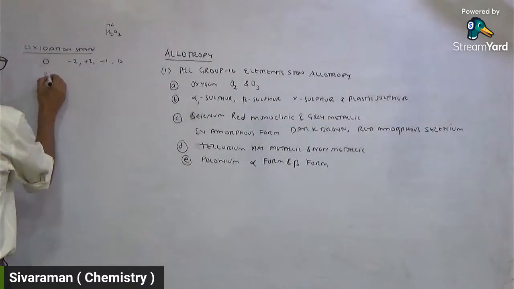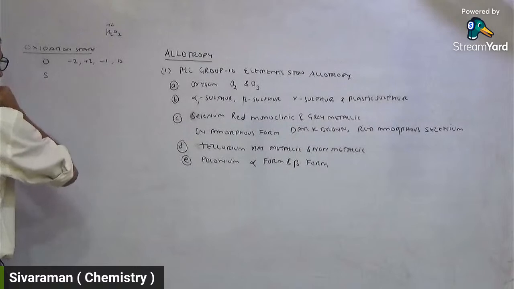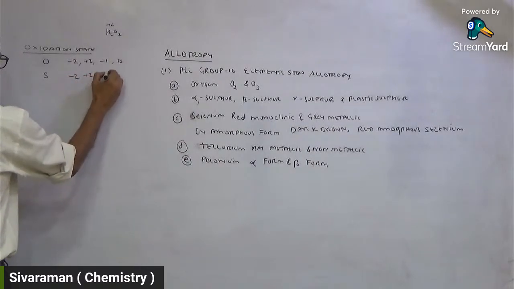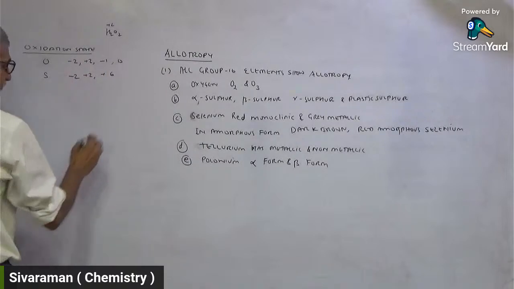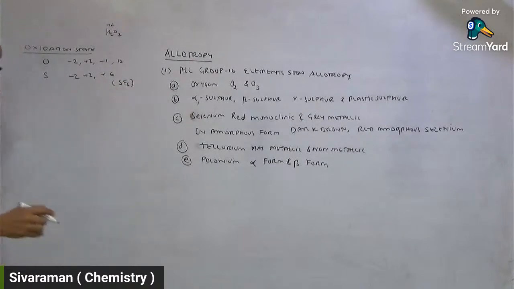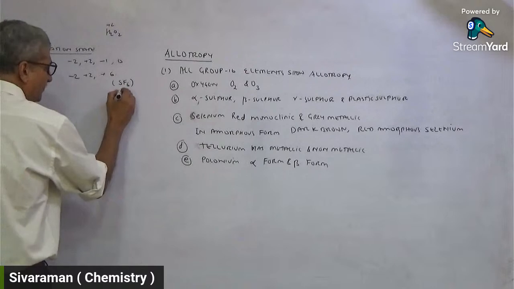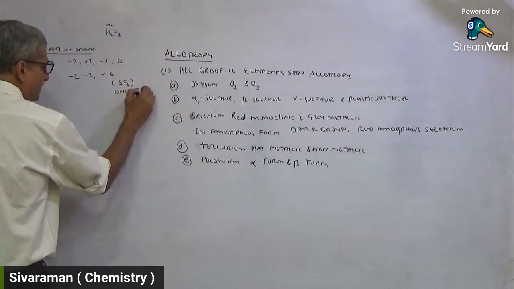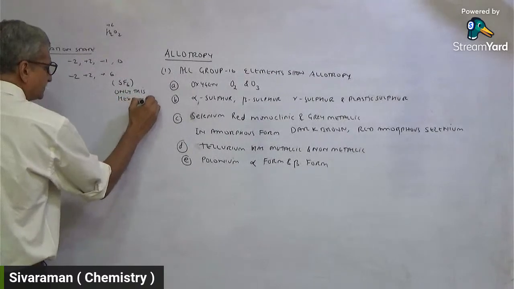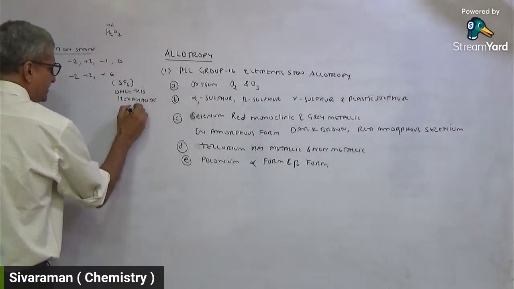Then sulfur can show an oxidation state of what? Sulfur can show -2, +2, +6 also. You have this compound, sulfur hexafluoride. Only sulfur hexafluoride, only this hexahalide is stable.